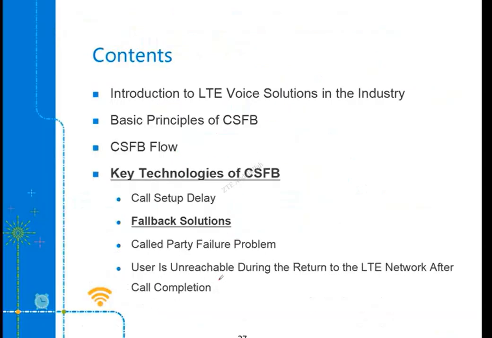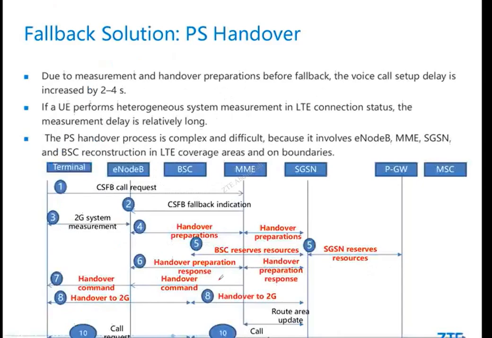Okay. And the second technology is a fallback solution. And from the previous slide, we know there are 3 fallback solutions. The first is PS handover. The second is CCO with NACC. The third solution is a RRC release solution.